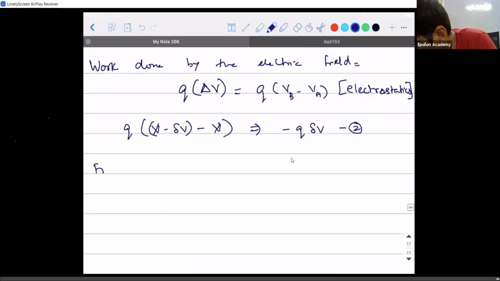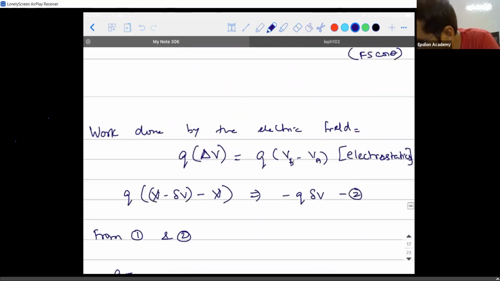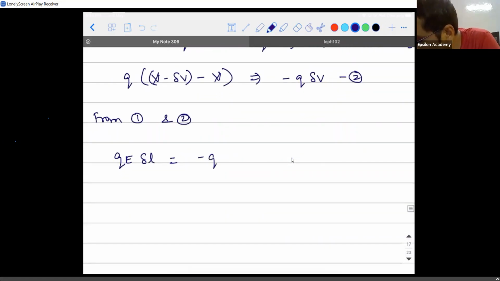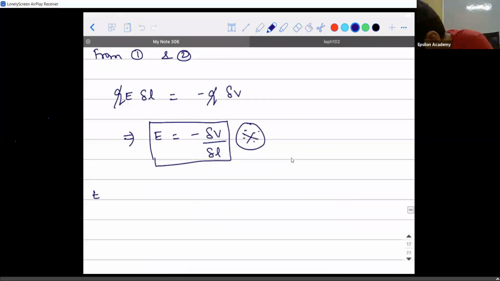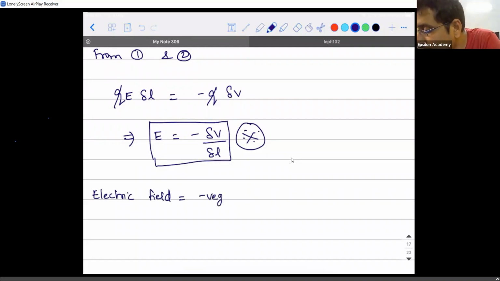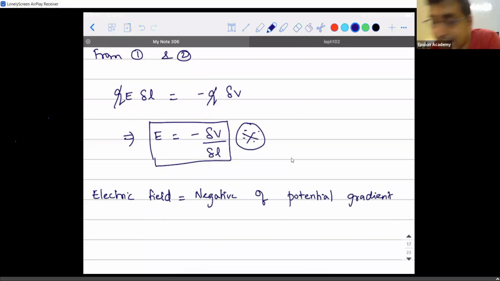Right? From 1 and 2, what can I write? QE into delta L will be equal to minus Q into delta V. So Q and Q will get cancelled, which implies electric field is equal to minus delta V divided by delta L. So what I'm trying to say here is electric field is equal to the negative of potential gradient.